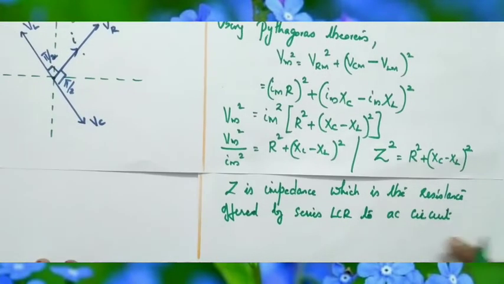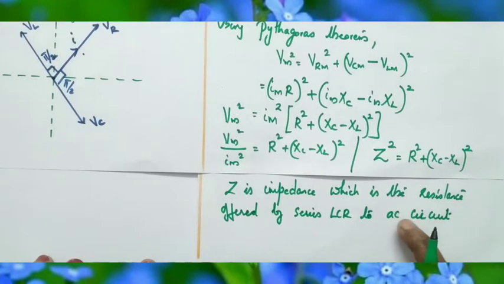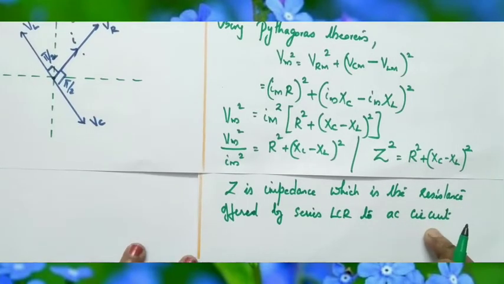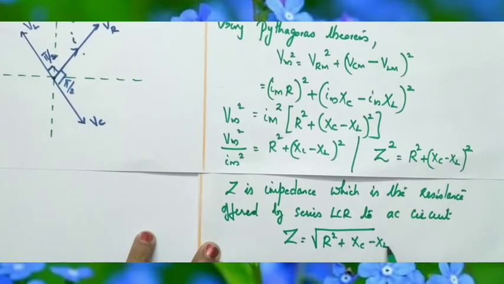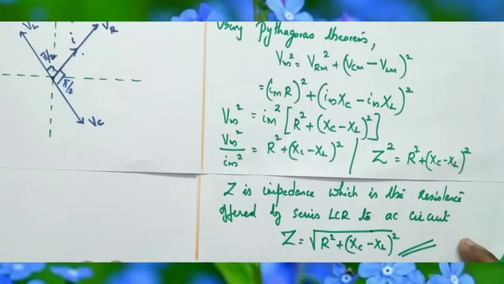Here Z is called impedance, which is the resistance offered by series LCR to AC current. So impedance is given by the formula Z equals root of R square plus (Xc minus Xl) the whole square. Okay, children, this is the impedance offered by series LCR to AC current.